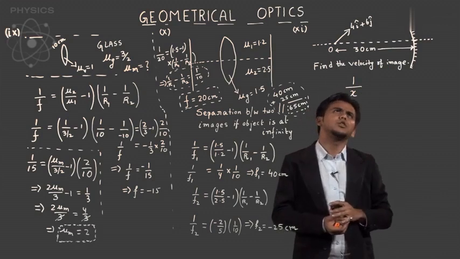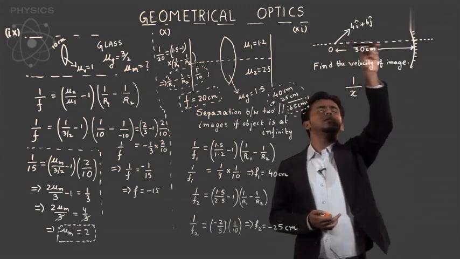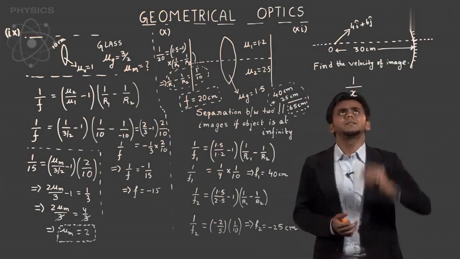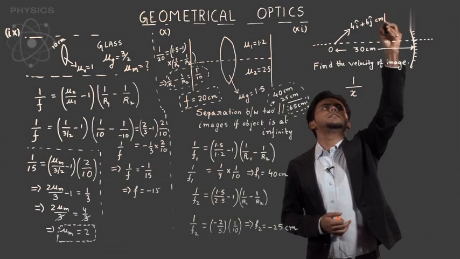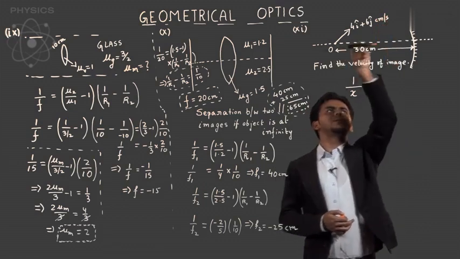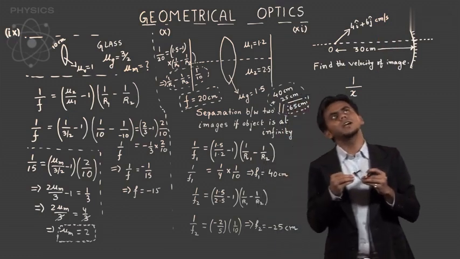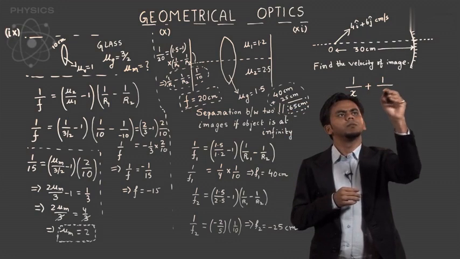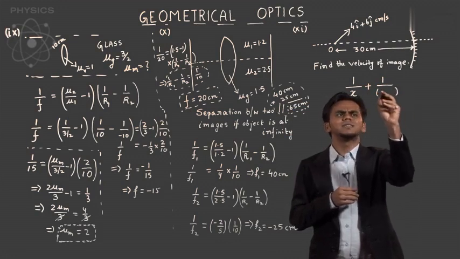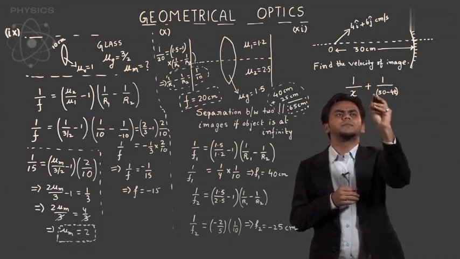And what exactly is happening to the object? It is coming towards the mirror with 4 centimeter per second, towards the pole. So the distance between the pole and the object is decreasing at rate 4. Initially 30, but it's decreasing at the rate of 4 per second, so 4 into time.